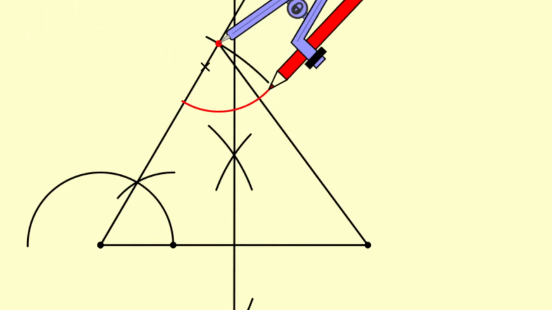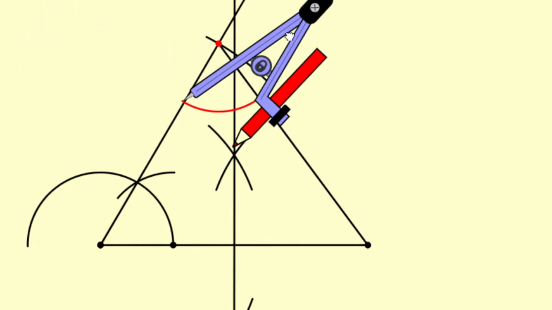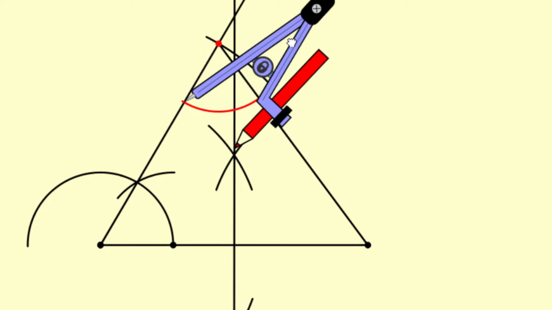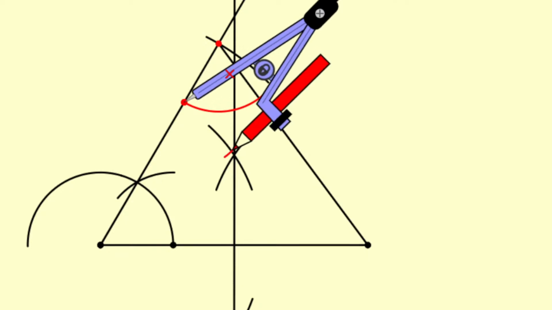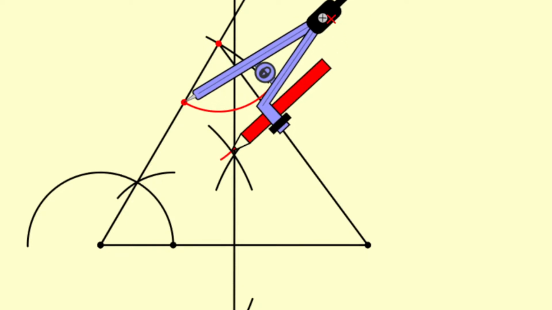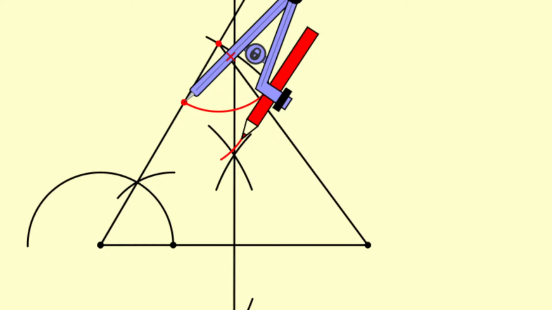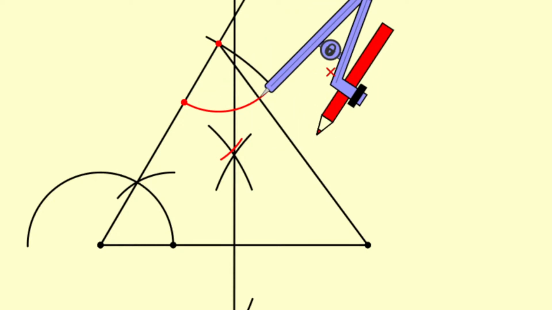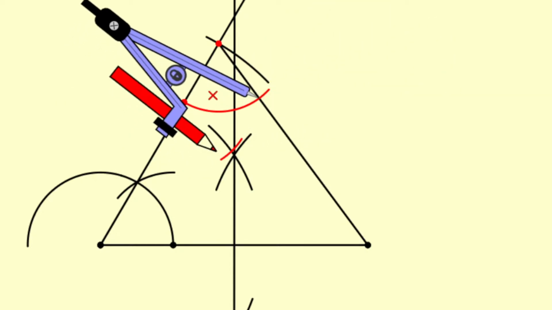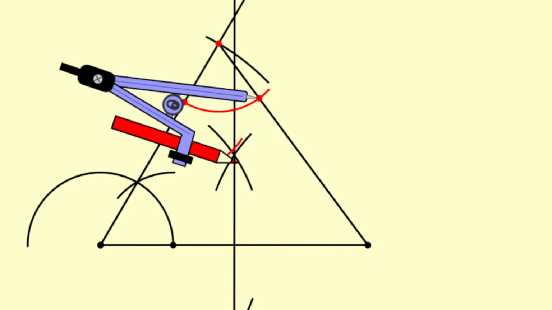First of all, draw one angle. Now from both the end points of the angle, you have to draw two arcs. The two arcs should cut each other.